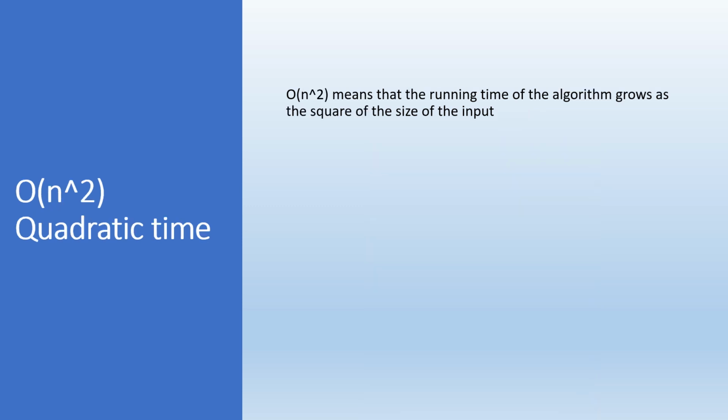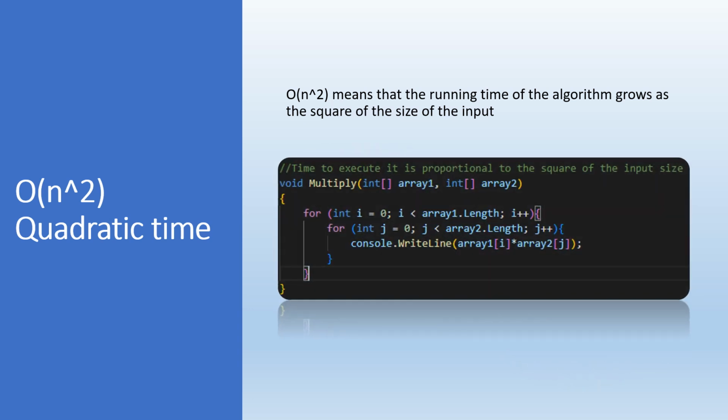Let's look at the next one, quadratic time. What does that mean? That means the running time of the algorithm grows with the square of the size of the input. If your input is of size n, then your code will perform in n square time. Let's look at an example. This is a multiplication between two arrays, where we multiply every element with every element of another array.